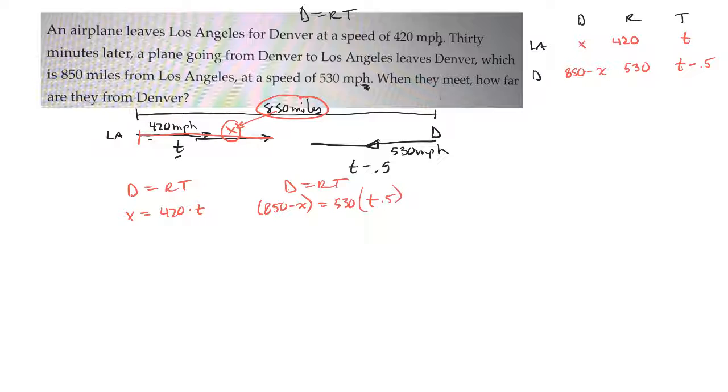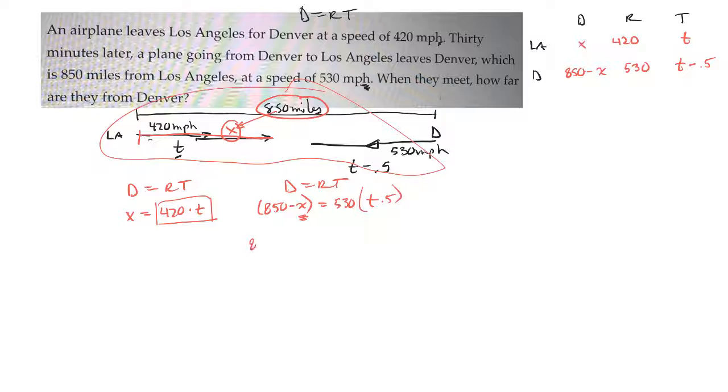Now it'd be nice if we could solve one of the equations for a letter and then use that. I guess this one's already solved for X. So since the values of X and T are the same numbers for both equations, wherever I see an X in this equation, I can replace it with that. So let me do that.